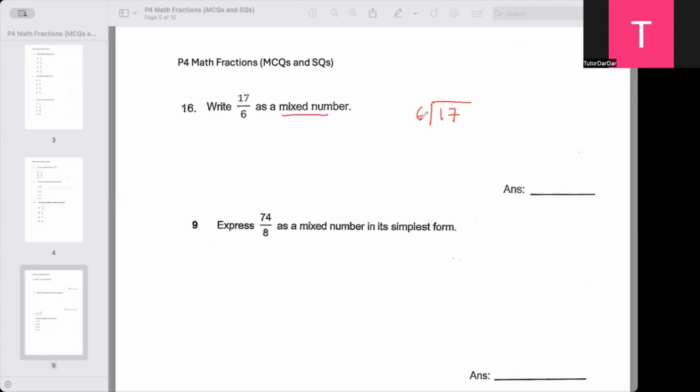So 6 times 2, you get 12. 17 minus 12, you have 5. 5 will be the numerator, 6 will be the denominator, 2 is the whole number. So 17/6 is equivalent to 2, 5/6. So 2, 5/6 is the answer.